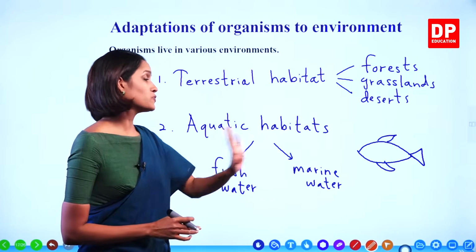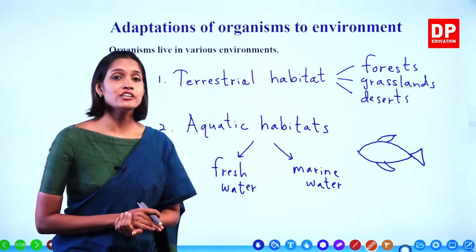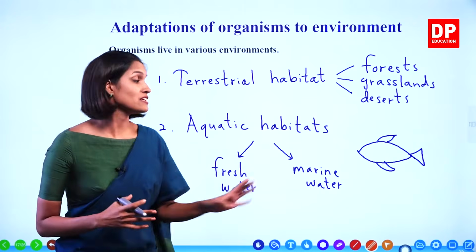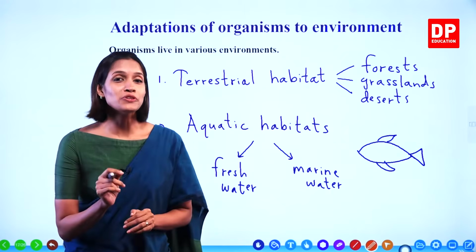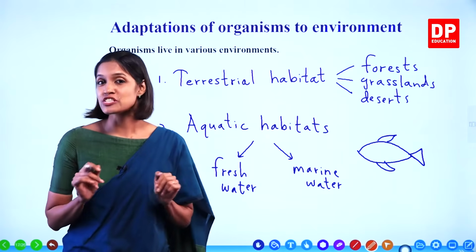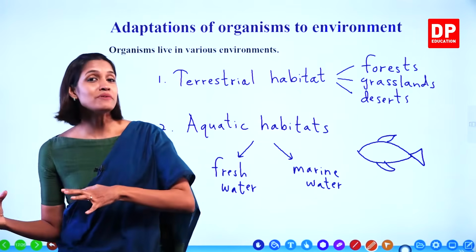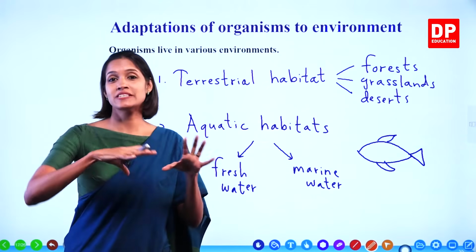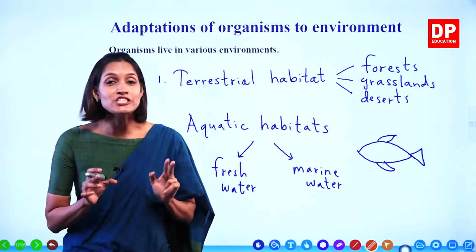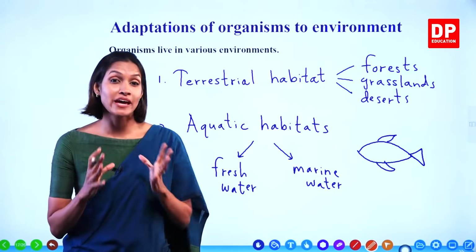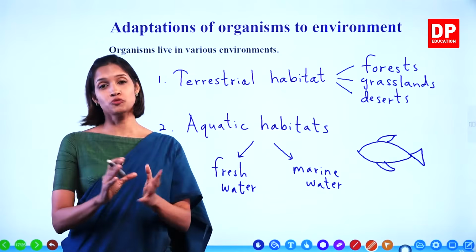So, in marine water, some animals like octopus and even squids live in marine water. Do you know that they have a special defense mechanism? When another animal comes to feed on these octopus and squids, they can inject a special type of black color, very thick ink into water.